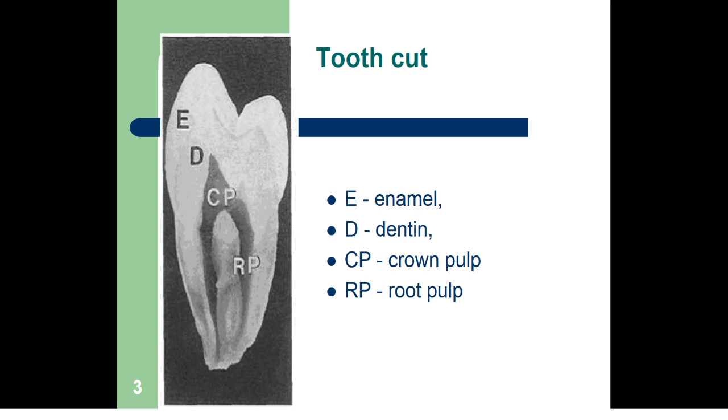And let's remember just a few words about the anatomy of the tooth. You see the cut of the tooth where the letter E means enamel, D means dentin of the tooth, also crown pulp and root pulp.